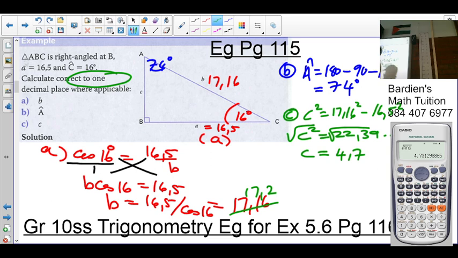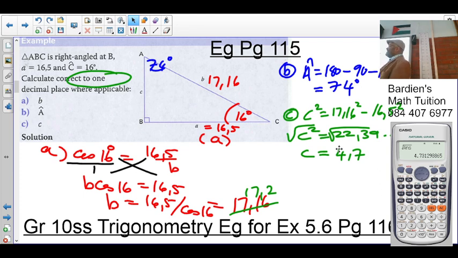Otherwise, if you go with 2 decimal places in the exam, you're going to lose 1 mark. Because the question specifically says 1 decimal place. Okay? Any confusion, people? So with that, you can now do exercise 5.6.